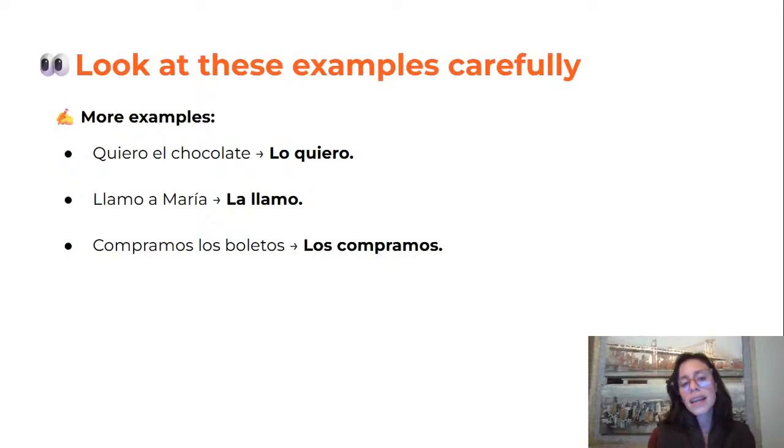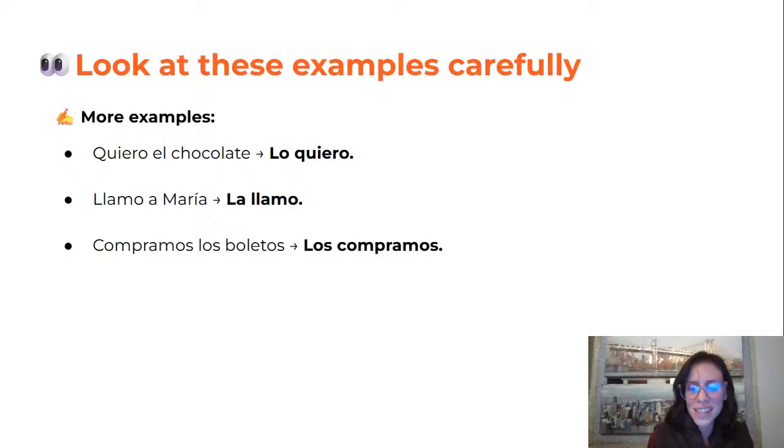And then we say los compramos. Los is replacing what word is replaced here by los.